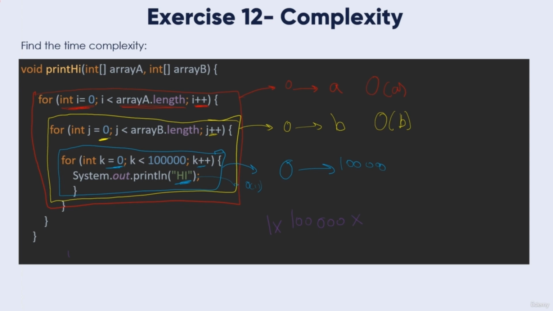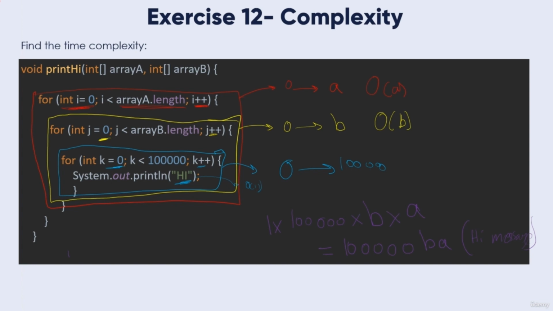It depends on the array B length, okay? So times B. Times how many times this J loop would be executed according to the i condition. And I will stop at array A length. So array A length, it will go from 0 to A, and it will be executed A times. Okay? So the final result would be 100,000 times B times A high messages.